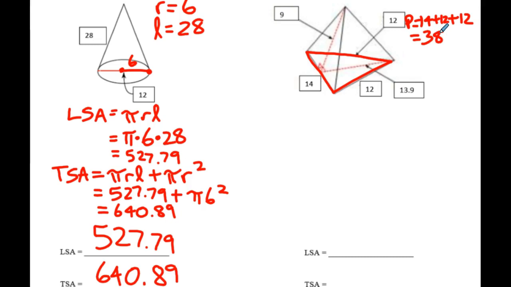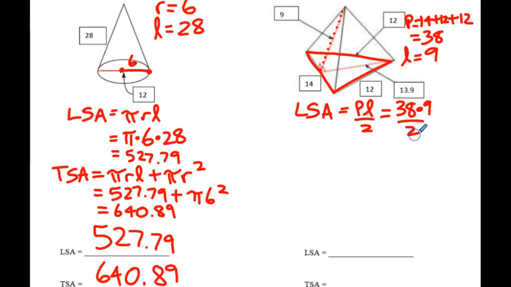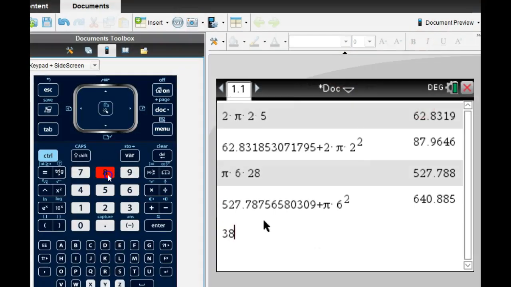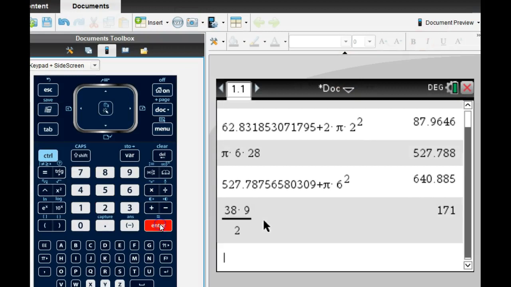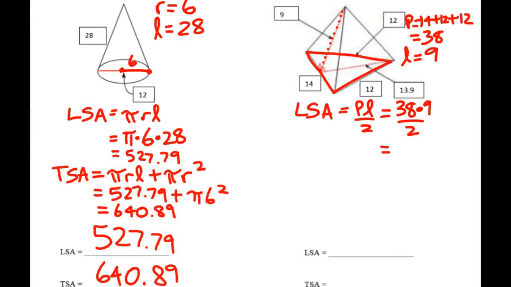The L, the slant height, is labeled on this dashed line, which is 9. So the LSA from my formula chart is 1/2 PL, or PL over 2, which is 38 times 9 divided by 2. 171. So I got 171 units for LSA.